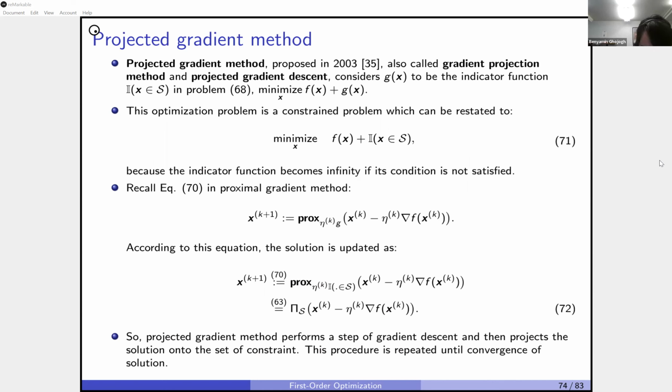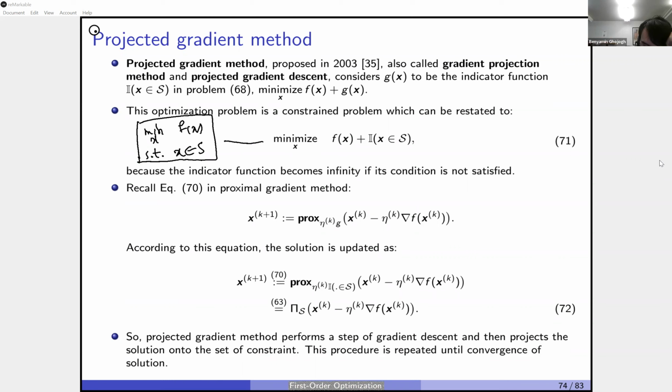Again, I talked about it briefly a few minutes ago. Assume you want to minimize f of x subject to x belonging to a feasibility set. This is a constrained optimization problem. This feasibility set might have a lot of inequality constraints and equality constraints, right?